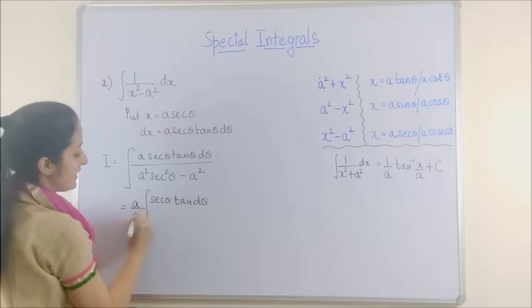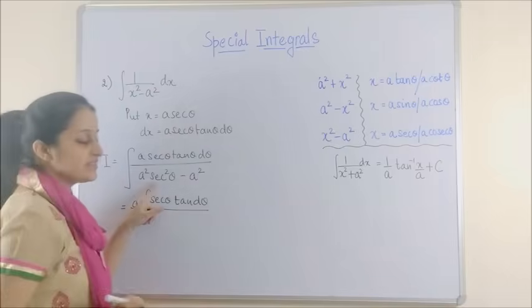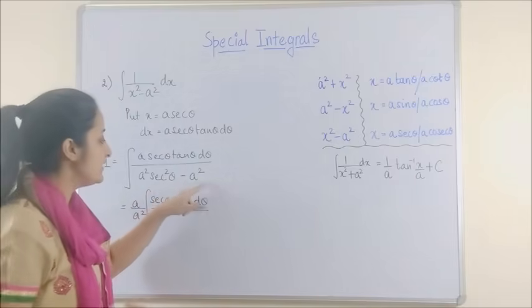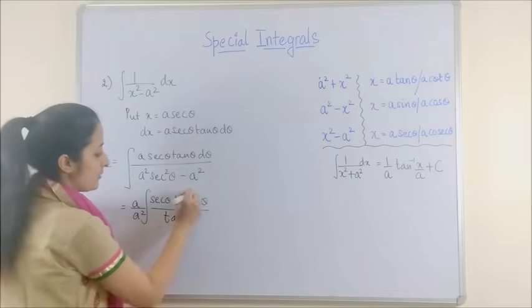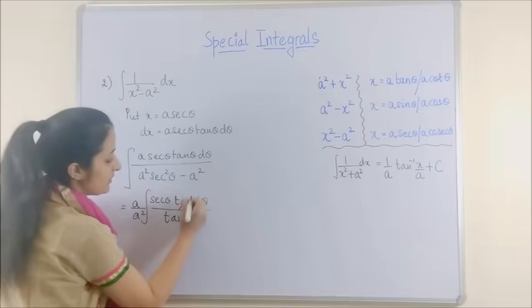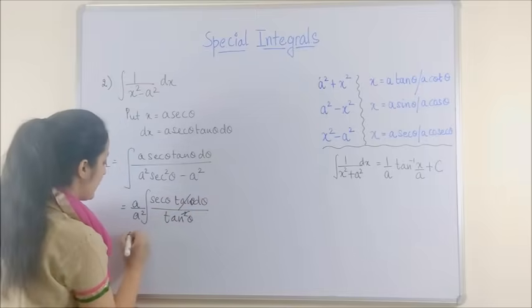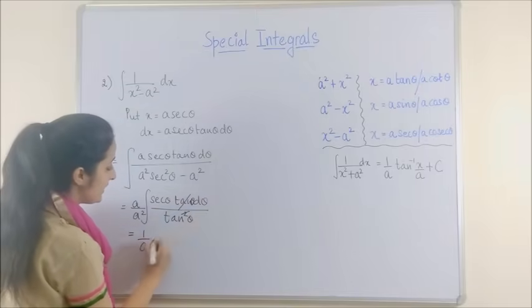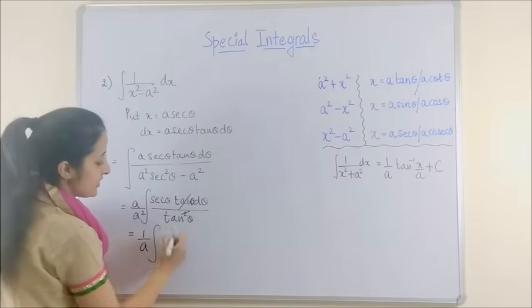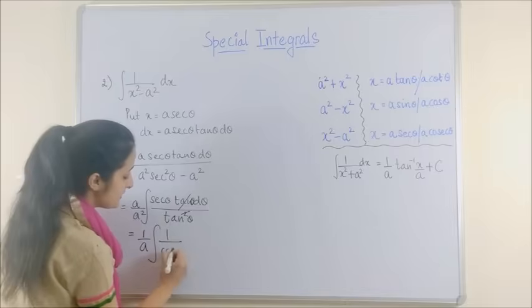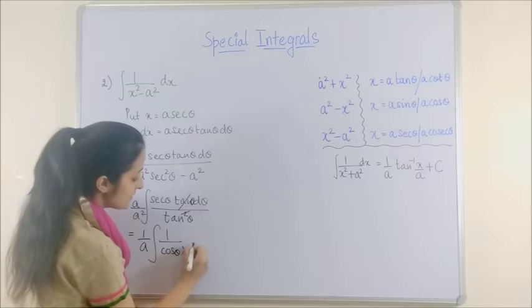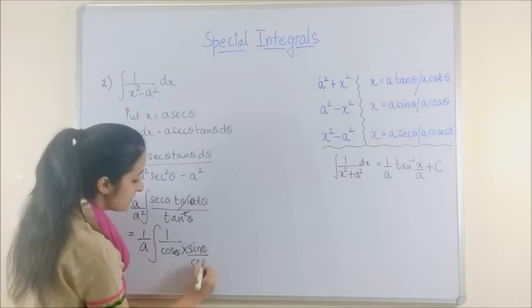Here if I take a square common from my denominator, I'll be left with secant square theta minus 1, which is tan square theta. One of the tans gets cancelled and we are left with 1 by a. On changing this to sine and cos, this becomes 1 upon cos theta, and here we have sine theta by cos theta.